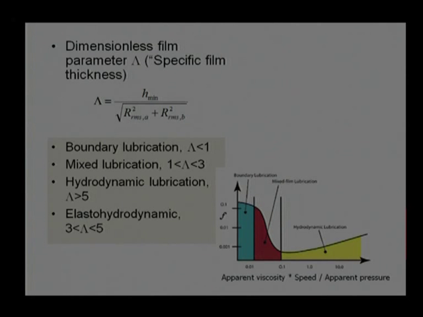Now, when we plot coefficient of friction against this Sommerfeld number, we find that when the Sommerfeld number is low, the coefficient of friction is high, and that signifies boundary lubrication. In boundary lubrication the coefficient of friction is relatively high. However, there is a lot of discussion going on in this survey about whether the initial coefficient of friction may be that low.